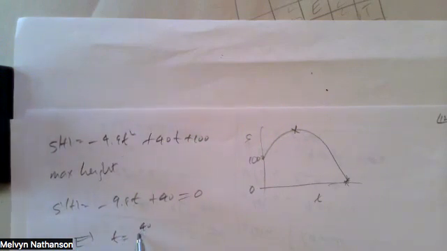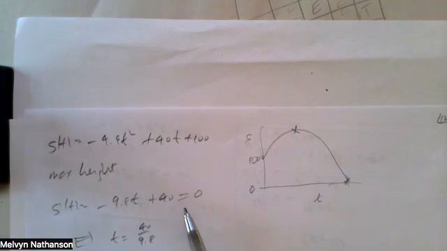T is equal to 40 over 9.8, which is 400 over 98. That's a little bit bigger than 4, so approximately 4.